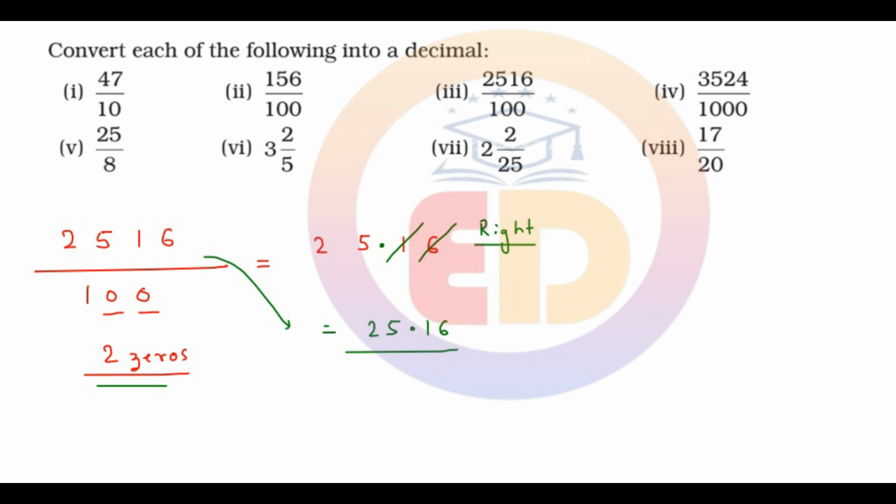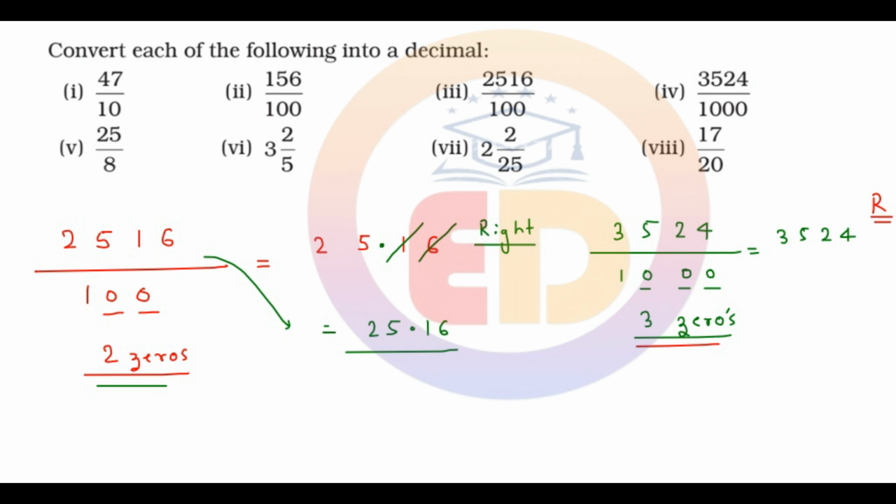Similarly, the fourth example, 3524 upon 1000. 1000 has 3 zeros. Now since 1000 has 3 zeros, I'll go to the numerator 3524 and from the right side I'll count 3 zeros, so 3 digits.